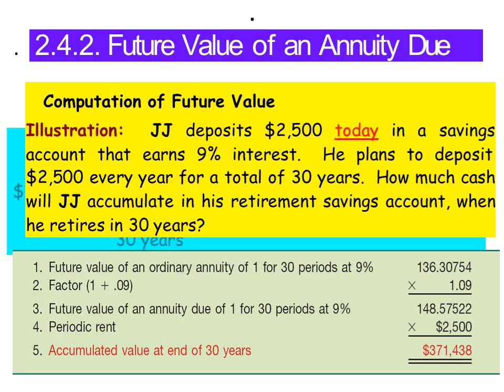The accumulated value at the end of 30 years is 371,438. This is how we can calculate the future value of an annuity. And we can also use our normal formula for an annuity.